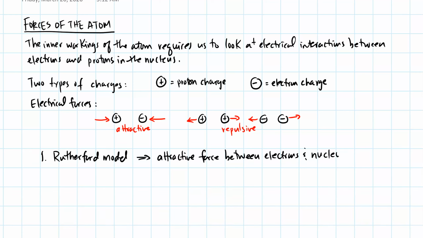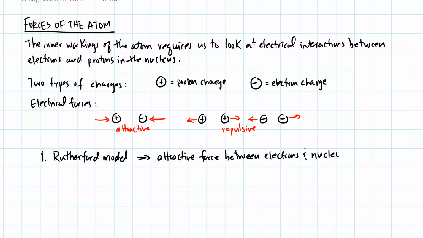So let's focus on the Rutherford model. Atoms exist because there's an electrical attraction between the electrons and the positive nucleus.